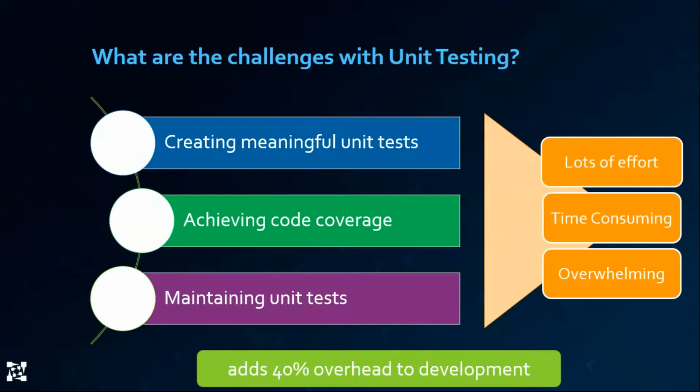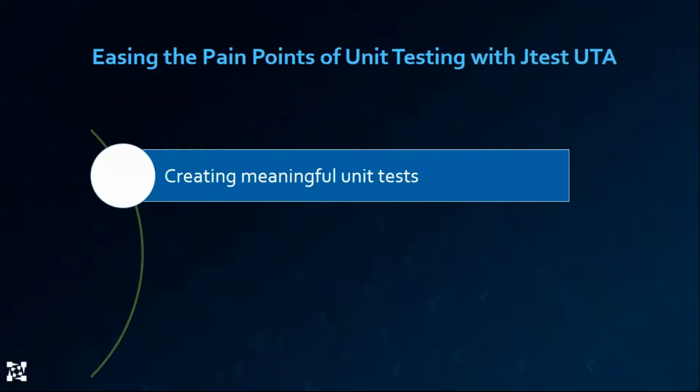The goal here is to reduce the overhead that's added to development. And as I said, what we often see, and a lot of the research out there falls into this 40% number, where that 40% is overhead on development. My goal is to make that time more effective. And you can do that through the techniques that we're going to show you today.